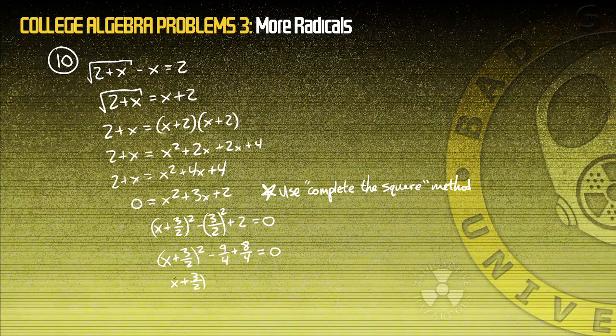So you have x plus 3 halves squared minus 1/4 equals 0. And then just add the 1/4 to the other side. And now what we can do is take the square root of both sides.